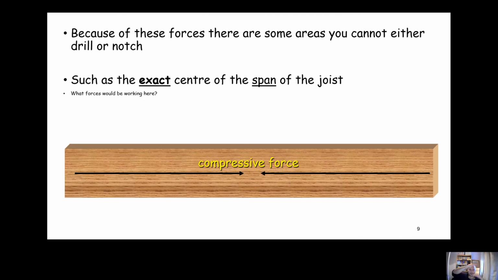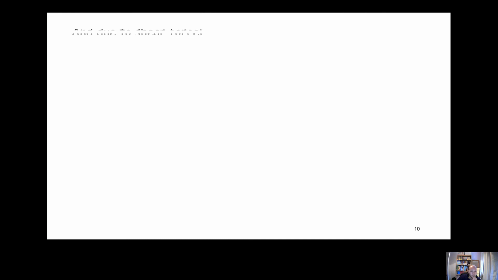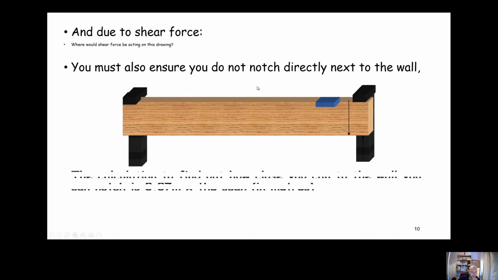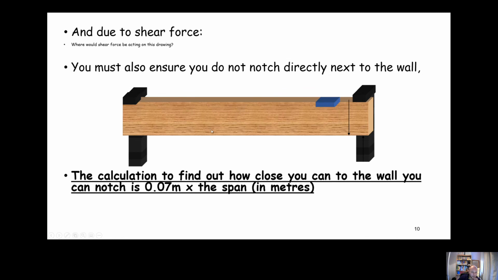The depth is the distance from top to bottom. You have shear forces in action just here, and as a result, we shouldn't make any notches or drill holes within the first 7% of the span. The calculation for that is 0.07 times the span in metres.